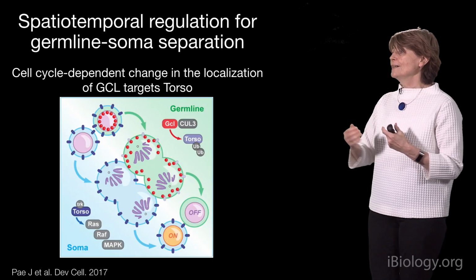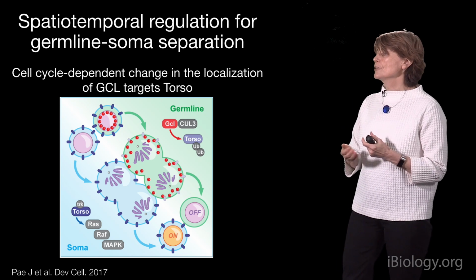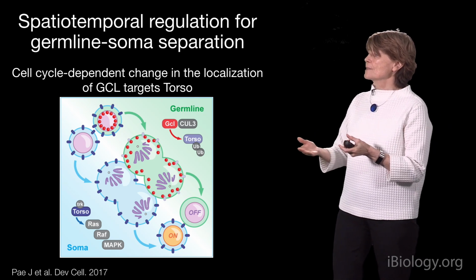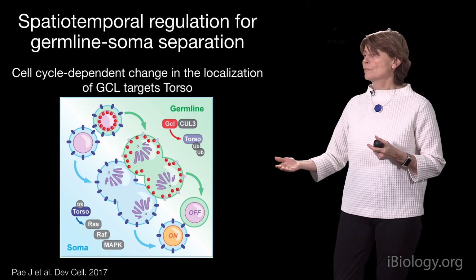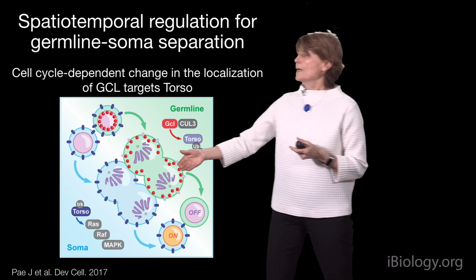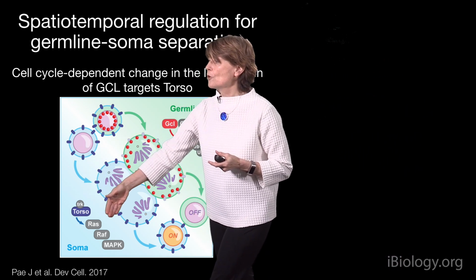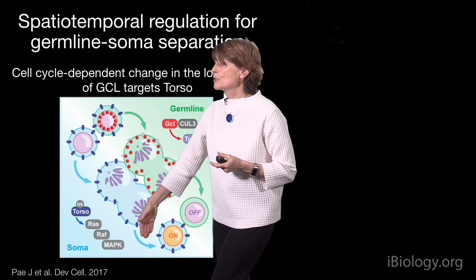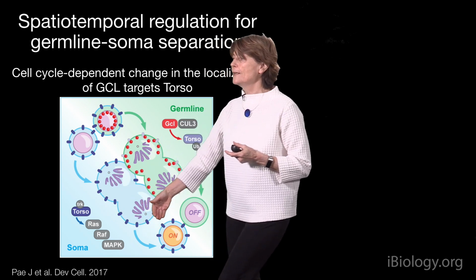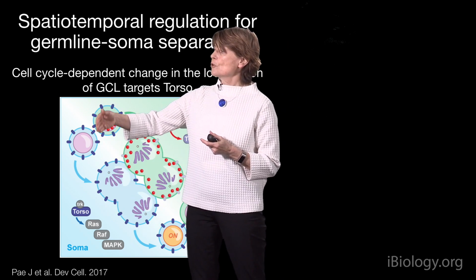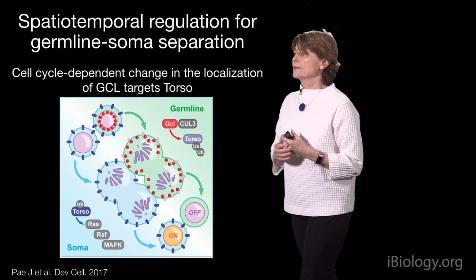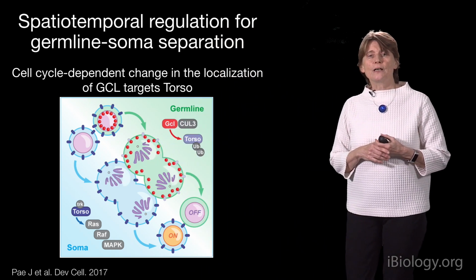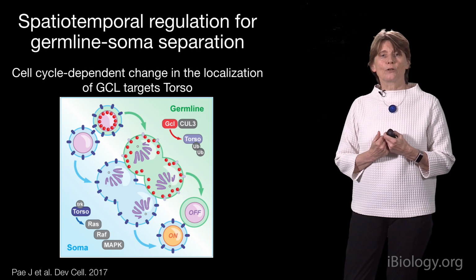On the other hand, this also reveals to us the struggle between somatic and germline signaling. In the soma, we have this whole MAP kinase pathway, which leads to transcriptional activation, and on the germline part, we're degrading the receptor tyrosine kinase so that that signaling pathway cannot occur.